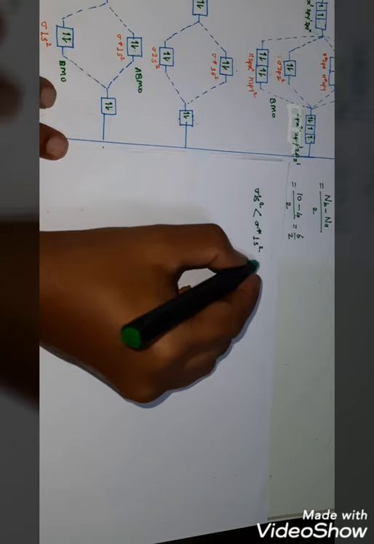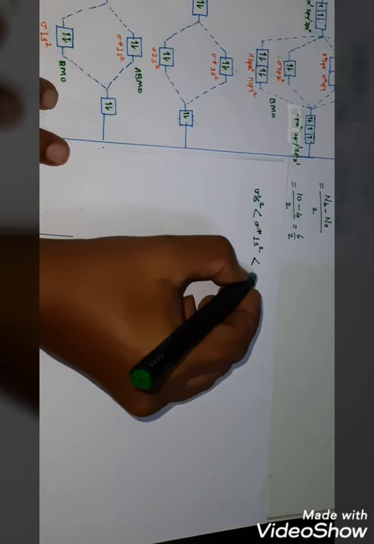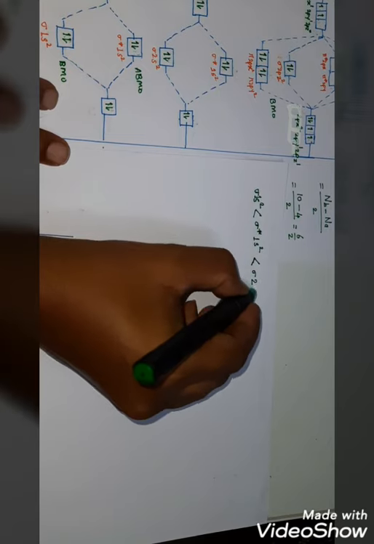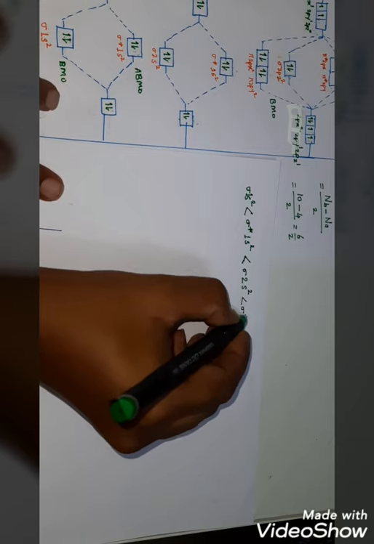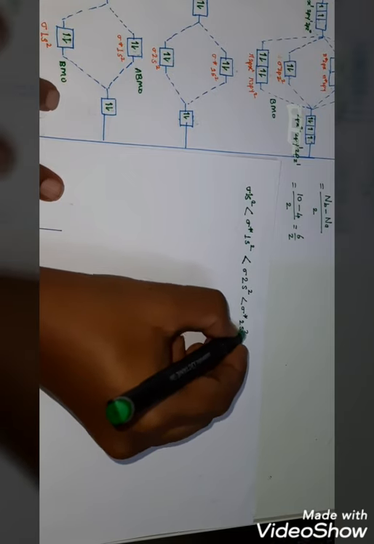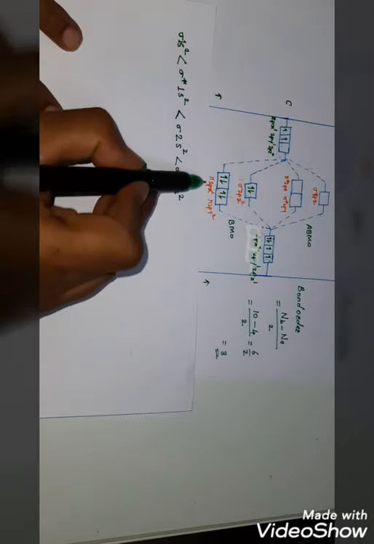Then sigma 2s2 and sigma star 2s2, whose energy is higher due to sp mixing.